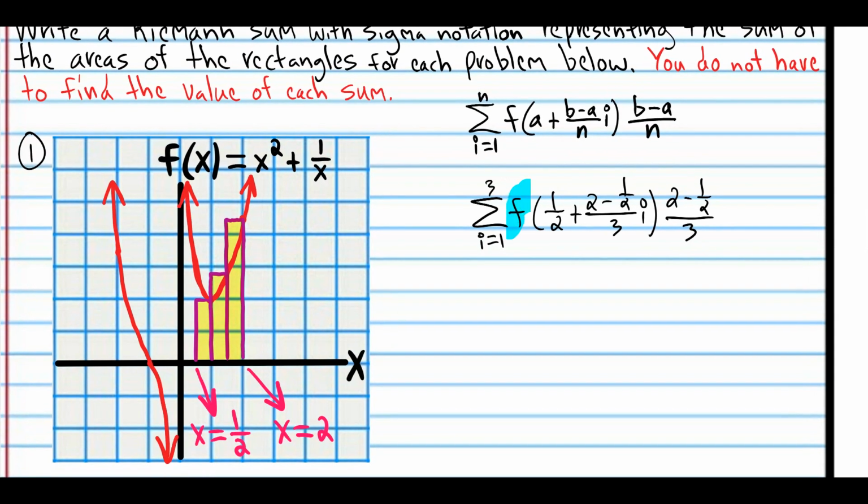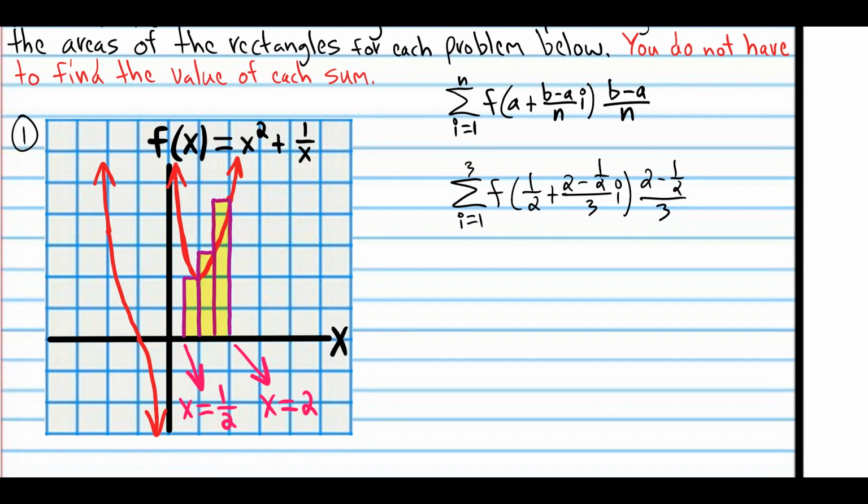Now we have not actually plugged in the actual function, or we've not used the function. Now remember, this expression represents the height of each rectangle, but this green expression represents the width of each rectangle.